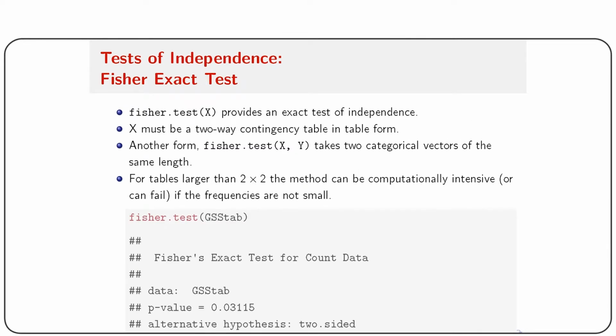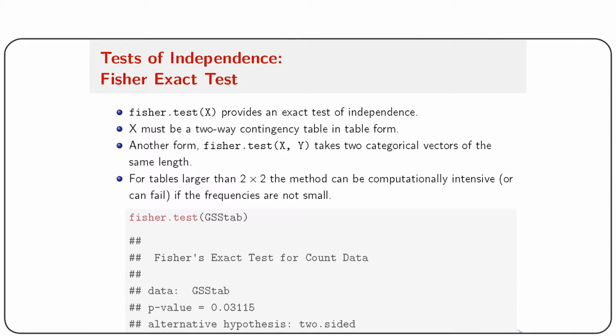Next we move to Fisher exact test. The fisher.test provides an exact test of independence. X must be a two-way contingency table in table form. In another form, fisher.test(x, y) takes two categorical vectors of the same length. You can use this particular function.